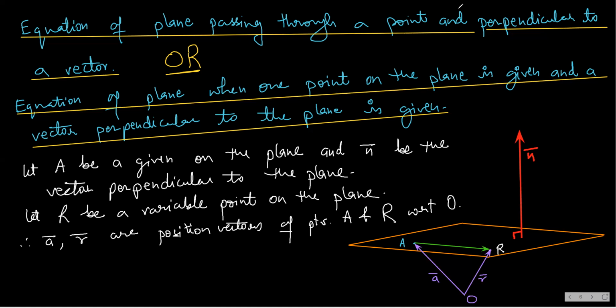If these 2 points are on the plane, the vector AR bar is entirely on the plane. Now, because AR bar is on the plane and N bar is perpendicular to the plane, then automatically AR bar is perpendicular to N bar. The vector AR bar and the vector N bar have an angle between them of 90°.